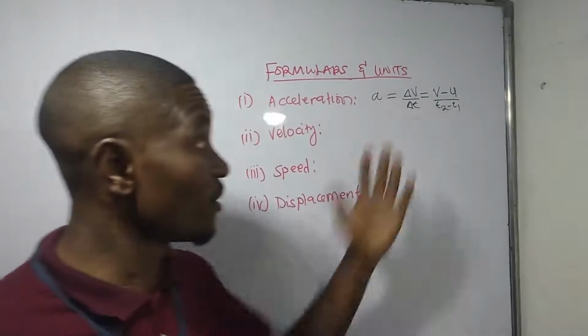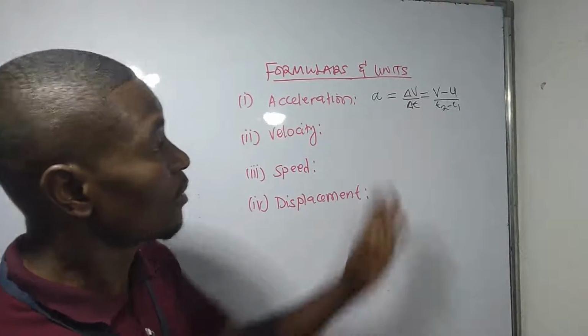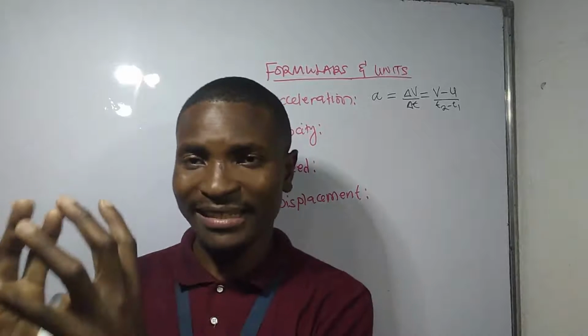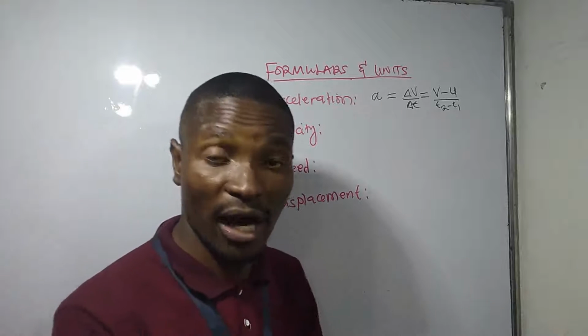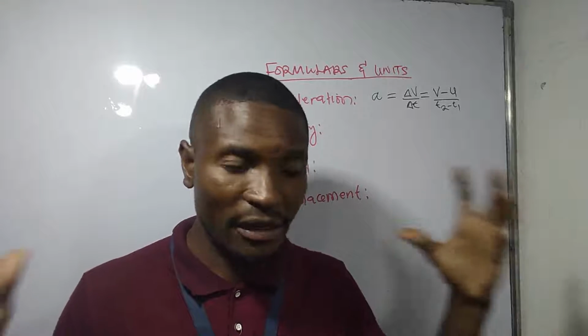Okay, so that is the formula for acceleration, which is the change in velocity, that is, the initial velocity as well as the final velocity. You have got to find the difference in the two velocities.